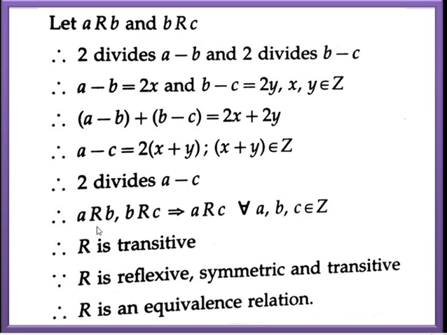This means a is related with b, b is related with c, implies a is related with c. And this is for all a, b, c belonging to set Z. So this is which property? Transitive. So R is reflexive, symmetric and transitive, and therefore R is an equivalence relation.